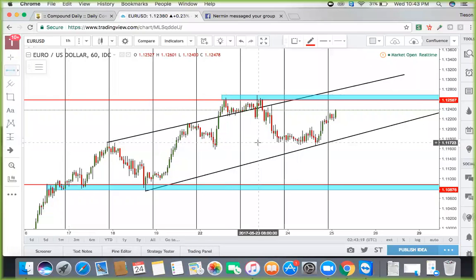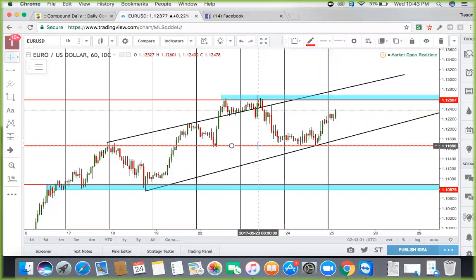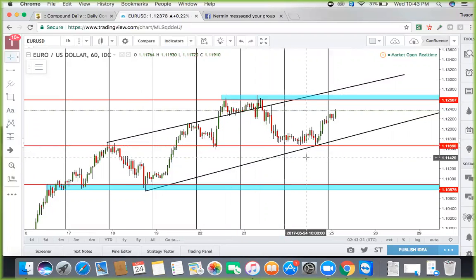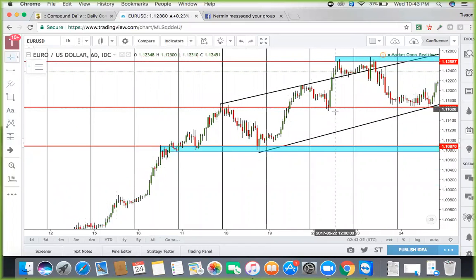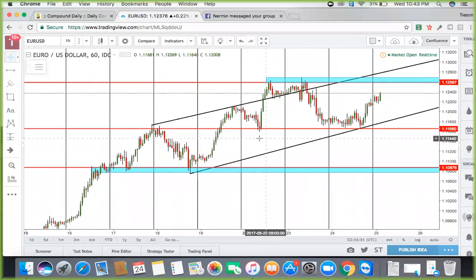Knowing market structure is very, very important. I'll say that many times. Knowing that we are in an uptrend, people shouldn't be looking for any long-term sells. If you're looking for a sell, you're scalping, okay?